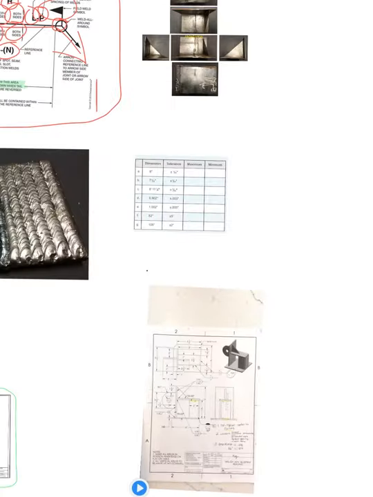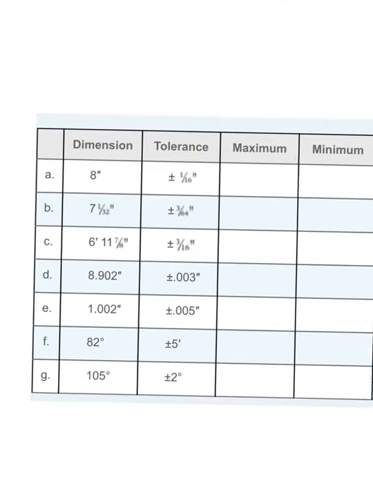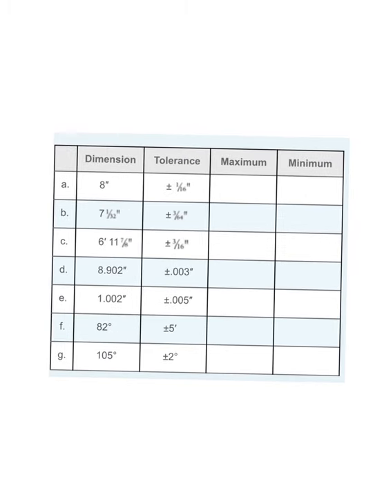Another great tool is math. So this actually comes from the book, and I can go ahead and use a pencil, and change that into a pencil. It's a 2B pencil, and I can start to work out a math problem. So we're looking at dimensions here and then tolerances.